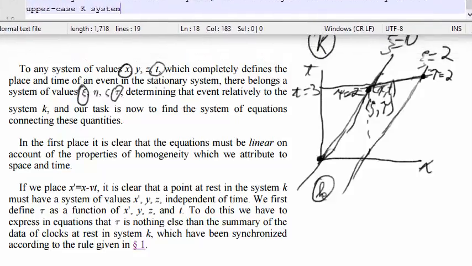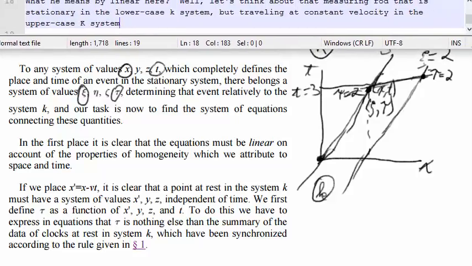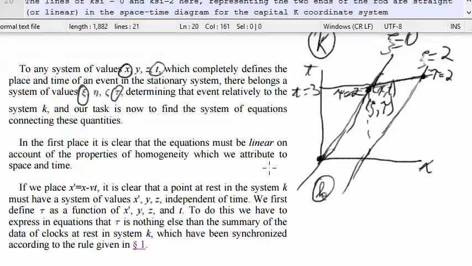Let's think about that rod that is stationary in the lowercase k system, but is moving at a constant velocity in the uppercase K system. The lines of psi equals 0 and psi equals 2 here, representing the two ends of the rod, are straight or linear in the spacetime diagram for the capital K coordinate system.